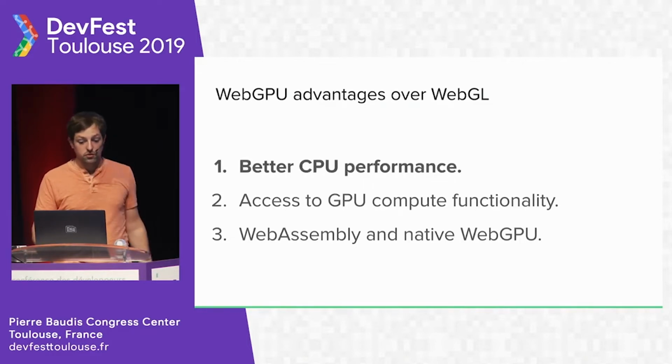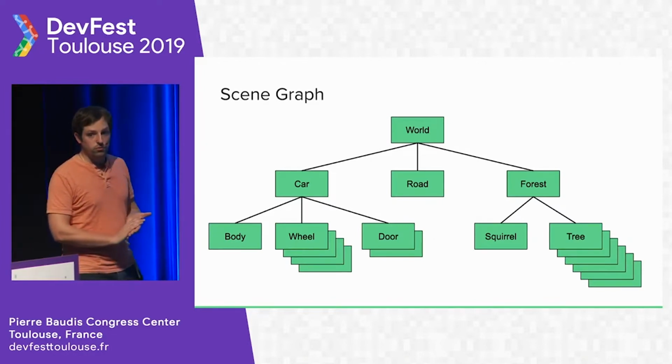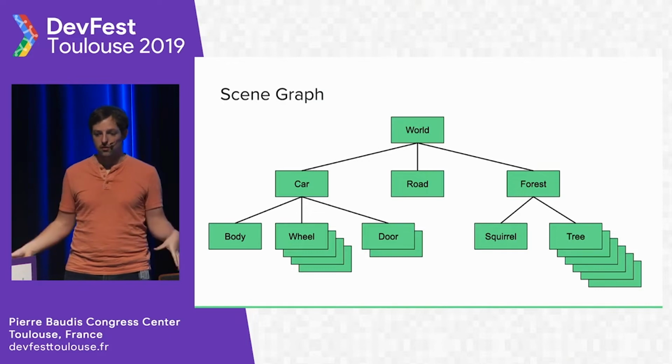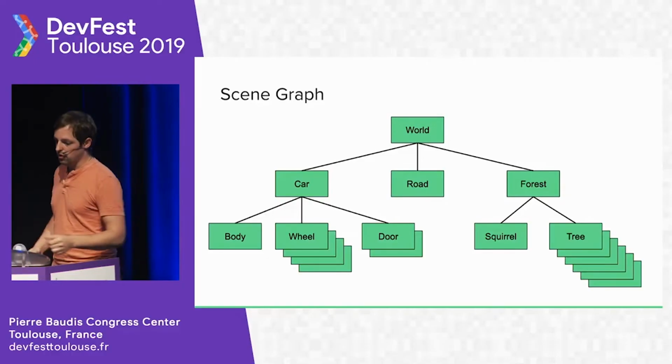So, better CPU performance. If you look at JavaScript 3D frameworks, they usually structure a scene in what we call a scene graph. And like the name implies, this is a tree data structure where you put objects and sub-objects in this hierarchy. So for example, say we do a racing game.